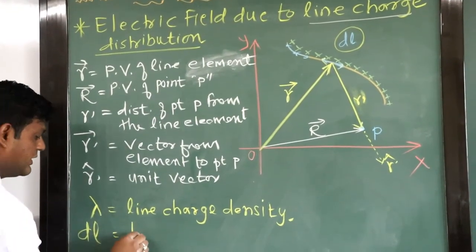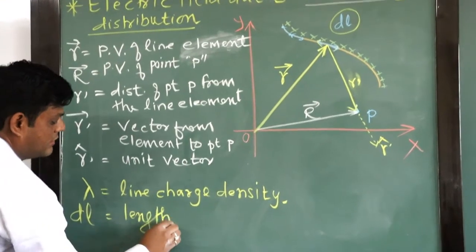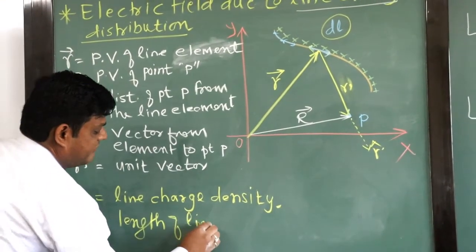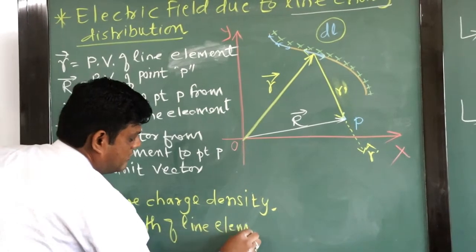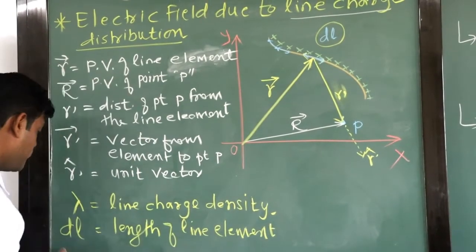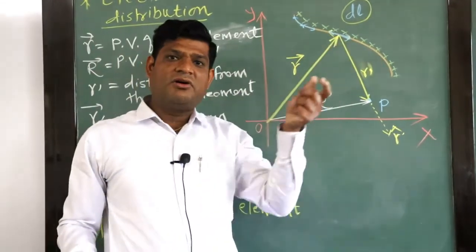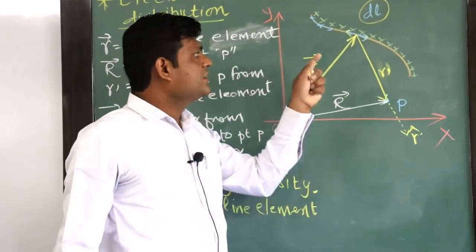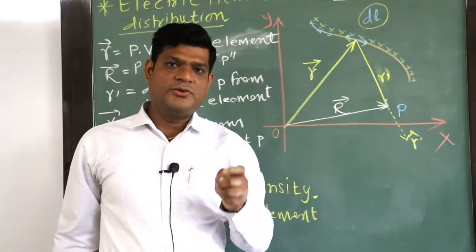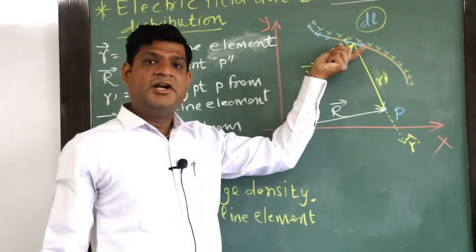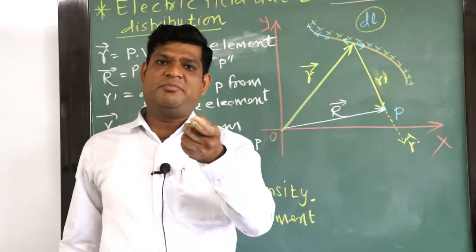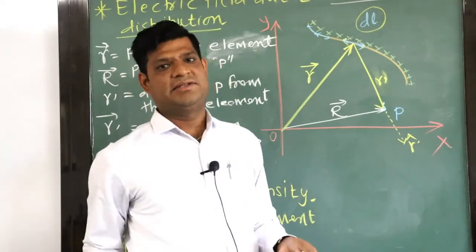Then dq is the charge present on the small segment, right? Total charge is suppose capital Q. Then small dq is the charge present on the small line segment.